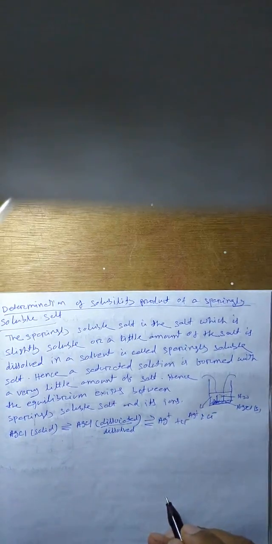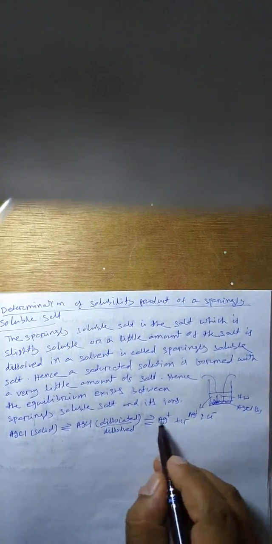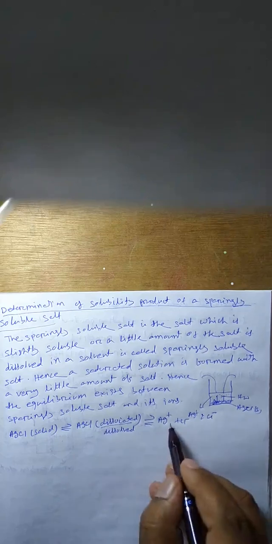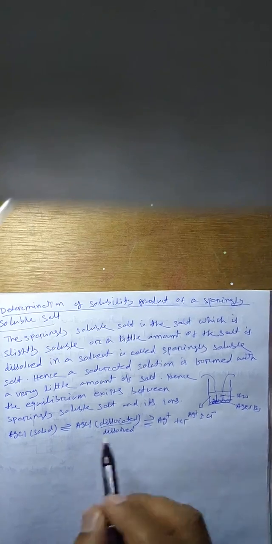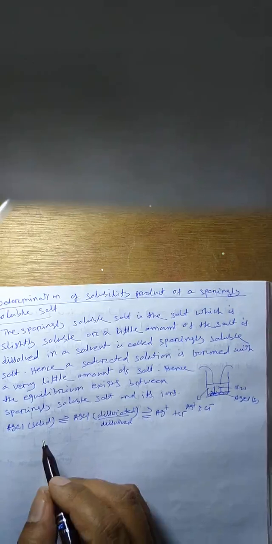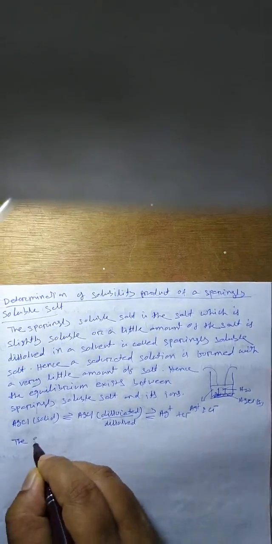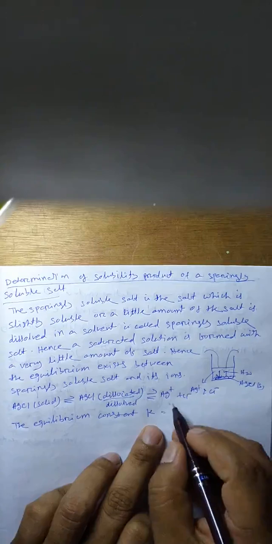So there is an equilibrium between the dissolved AgCl and the Ag plus and Cl minus ions, and this dissolved AgCl is in equilibrium with the solid. Then what is the equilibrium constant? The equilibrium constant K, capital K, is the concentration of the products divided by the concentration of the reactants.